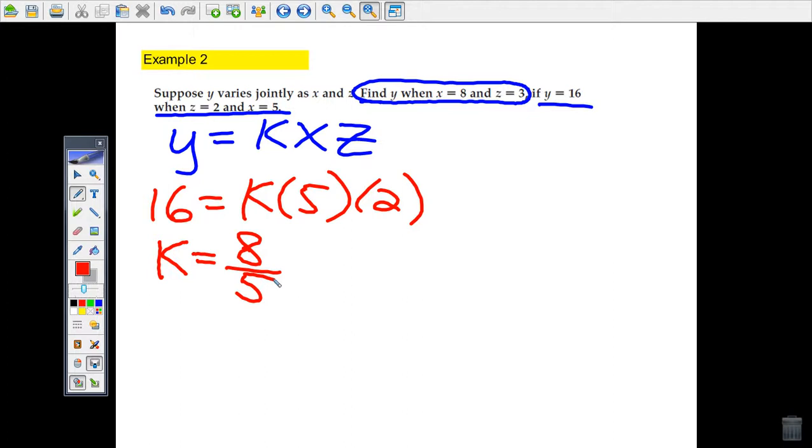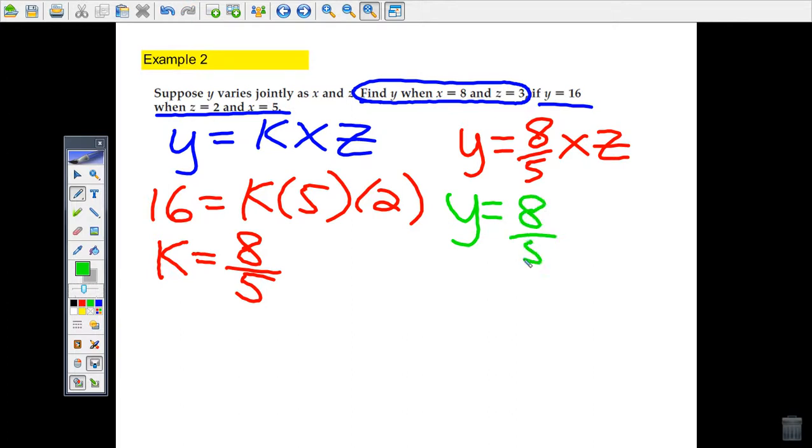So now instead of y equals kxz, I can write the equation y equals 8 fifths xz. And now I can plug in what I know: y equals 8 fifths times 8 times 3, which is 64 times 3.